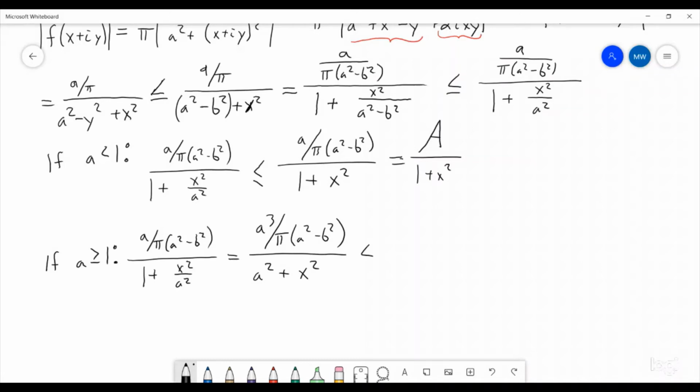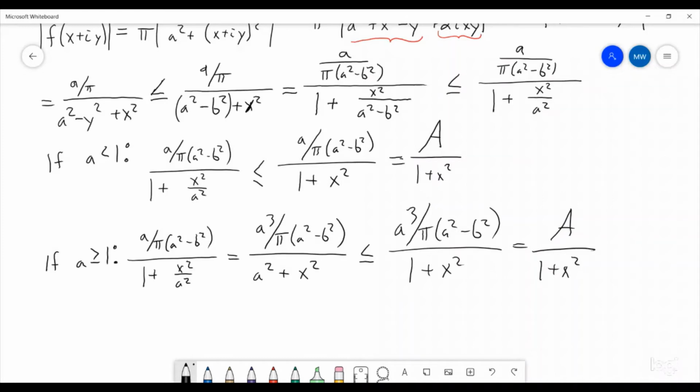And to make this bigger, again, we are going to decrease the denominator, so we are going to decrease it by reducing a squared. So that's going to be less than or equal to a cubed over pi a squared minus b squared all over 1 plus x squared, which we are then going to call our A over 1 plus x squared. And there we go.